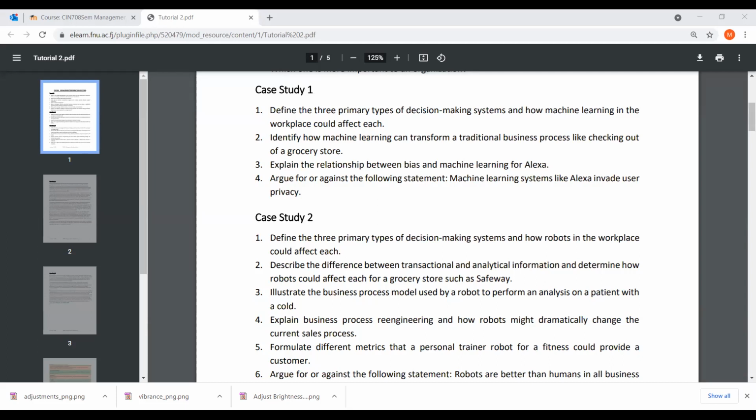If there is bias in the data being fed to Alexa, comma, then she will learn with that bias.